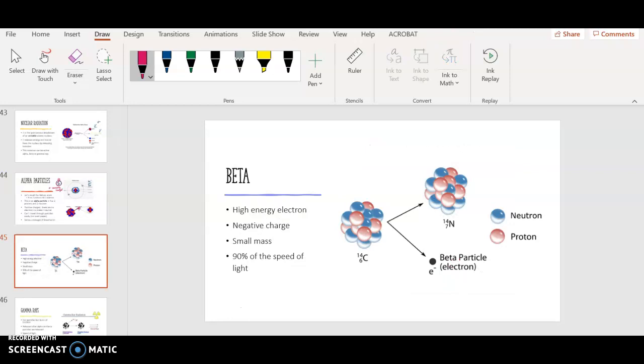Beta particle. A beta particle is similar to an electron. Remember that the electron has a negative charge.